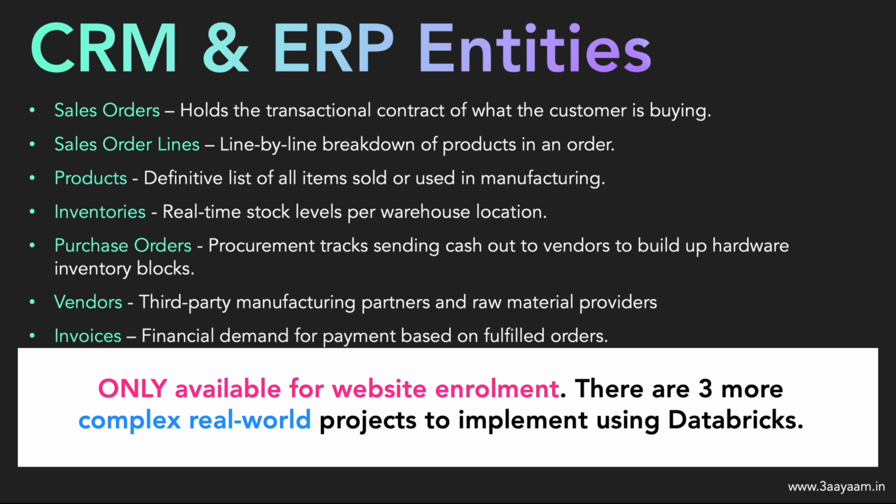The vendors would send invoices to the business. Let's say the hardware vendors would send invoices to AWS or Azure, and AWS and Azure will send invoices to their customers, like you and me or big organizations. Finally, the general ledger accounts entity is used to store all the transactions that have happened in the CRM and ERP applications.